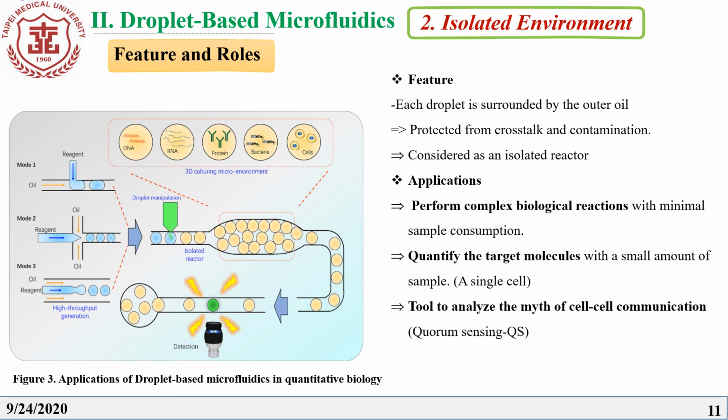Other than that, it is considered an isolated reaction. From that, its applications are to perform complex biological reactions, quantify target molecules, and use as a tool to analyze cell-cell communication.